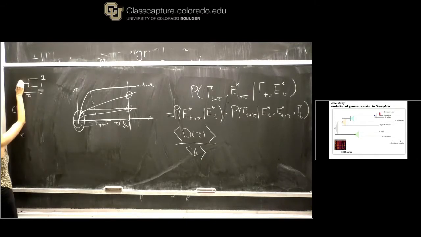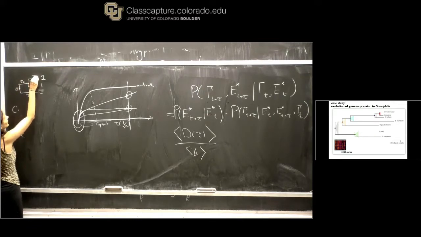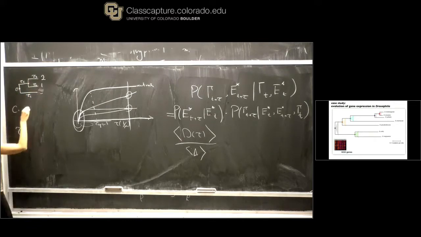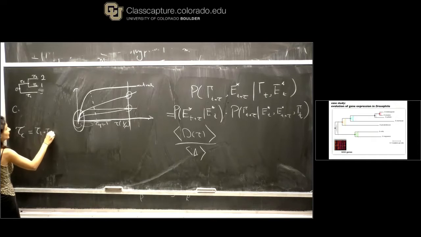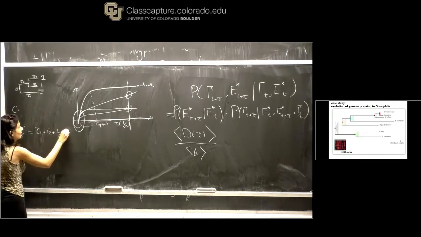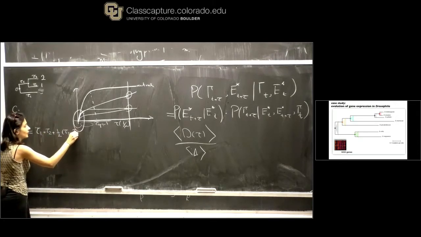That's easier. Tau 1, Tau 2, Tau 3, Tau 4. You can build up a good notation for this, but for now let's just have a single example. If you want to characterize the divergence time of this clade, you should evaluate it as Tau 1 plus Tau 2 plus 1/2 Tau 3 plus Tau 4, right?